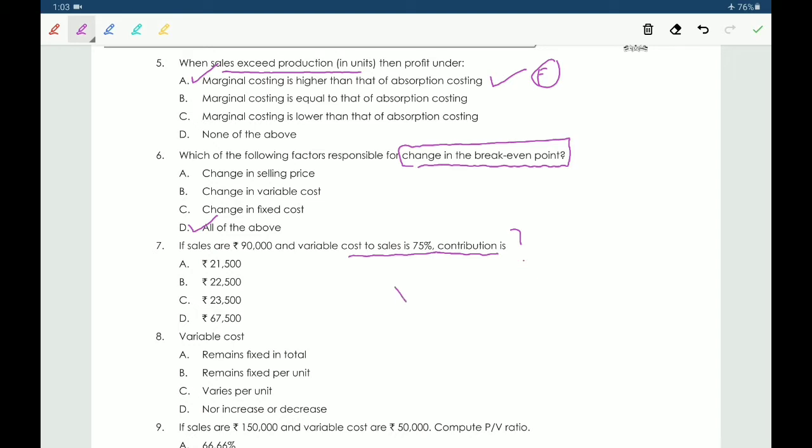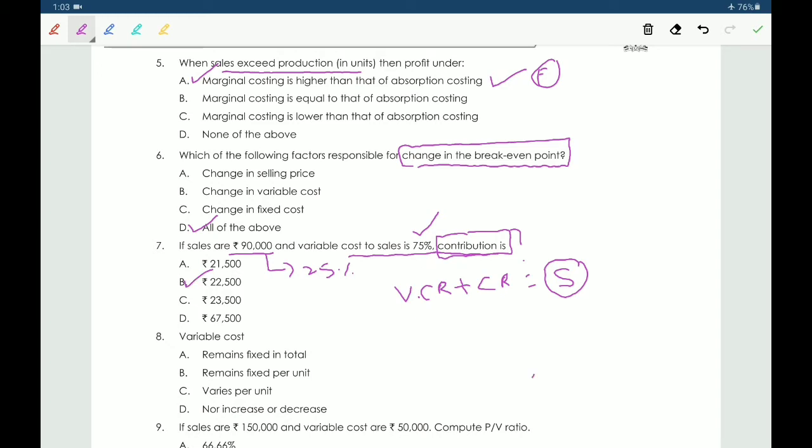We know that variable cost ratio plus contribution ratio equal to sales 100%. So contribution is the remaining 25%. So 25% into 90,000 gives the answer, 22,500.